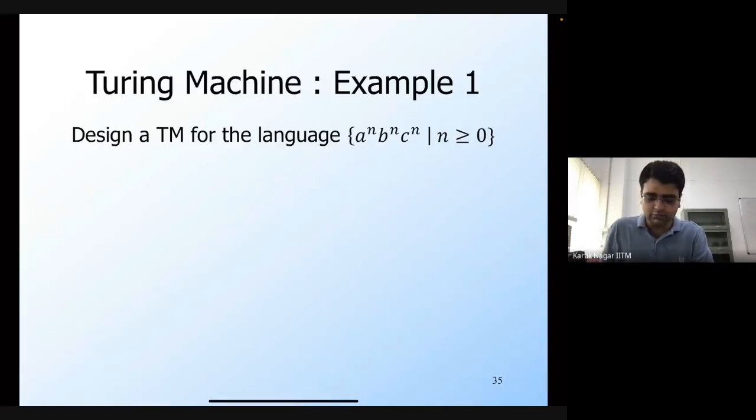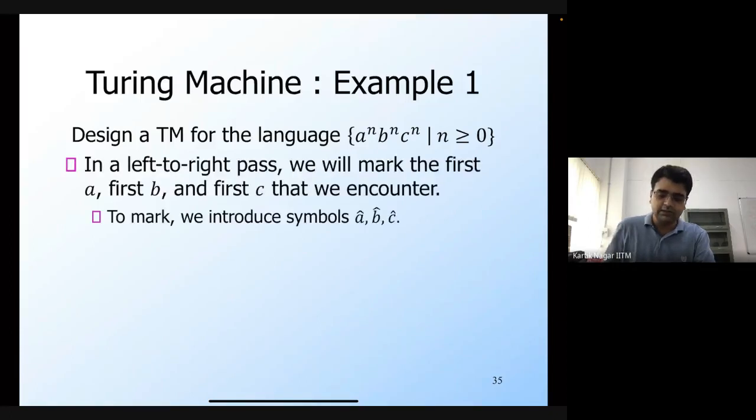So first, instead of directly designing this, let's intuitively try to understand how a TM can do this, and then we will look at the complete description of the Turing machine. What we are going to do is match the number of A's with the number of B's and the number of C's.